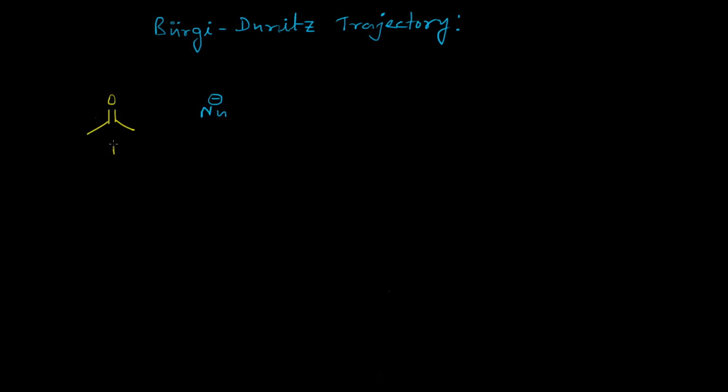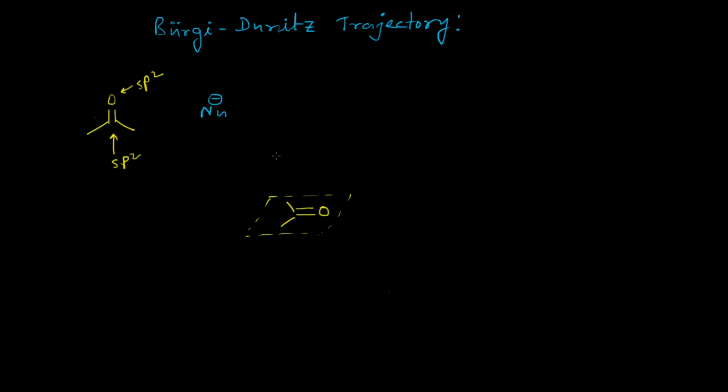We all know that the carbonyl carbon is sp2 hybridized, as well as the oxygen. So the molecule must be a planar one, and this will be the molecular plane. The nucleophile can approach from either the top face or the bottom face of that molecular plane.